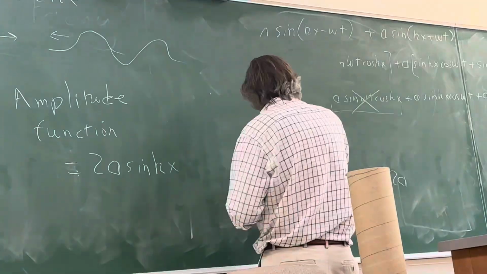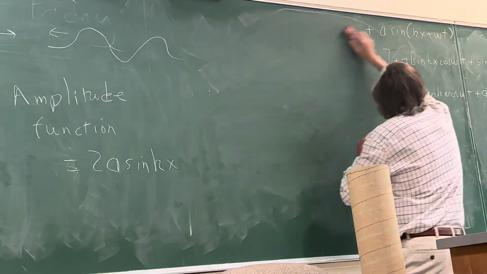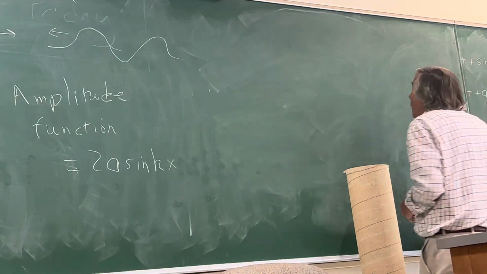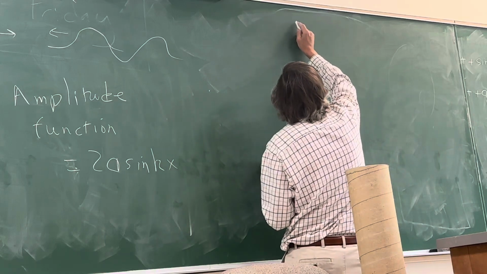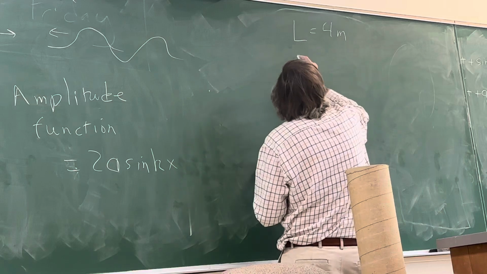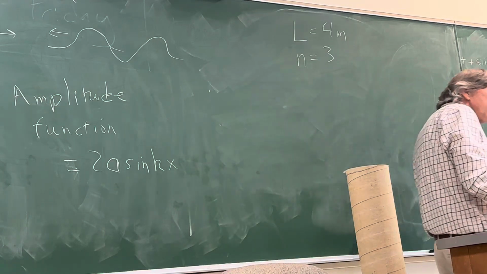So I got a string. I'm going to say the string is 4 meters long, so the length of the string. And once again, you could do most of this problem just by looking at pictures. But I'm going to say the length of the string is going to be 4 meters long. I'm going to say it's in its third resonance pattern.